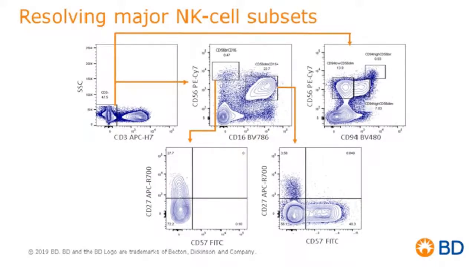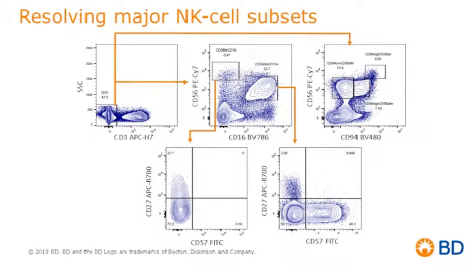And we can observe a significant population of CD57 mature NK cells in the subset of CD56 dim, CD16 positive cells. So just from the combinatorial analysis of those six markers in our backbone, we can gather a lot of information about the distribution of different subsets of NK cells.